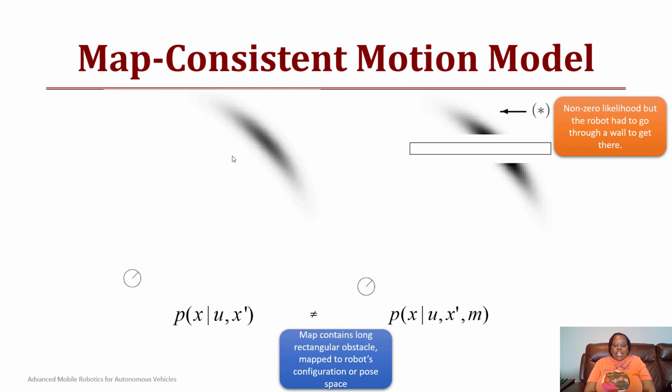But the caveat here is that the star indicates a space that the probability would say is navigable and a pose the robot could get to. However, how could it get there without somehow magically going through that wall? So those are the kind of things you have to consider when you're doing this, is that the probability math may give you some data that is not realistic for the robot.